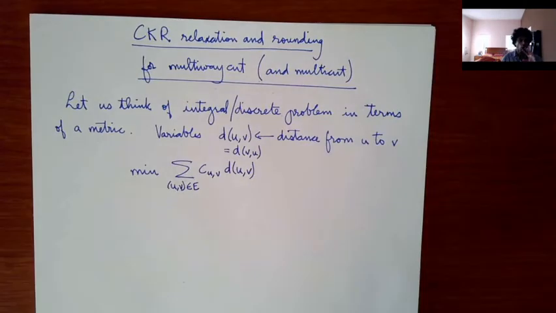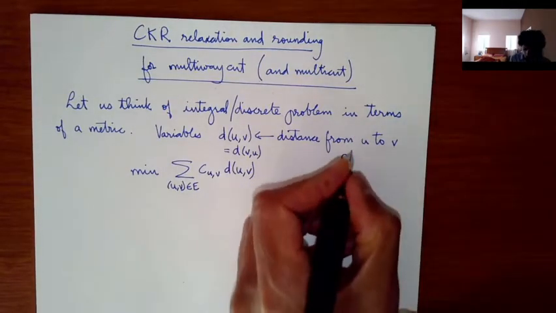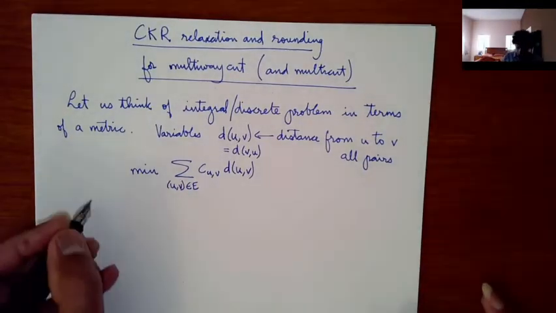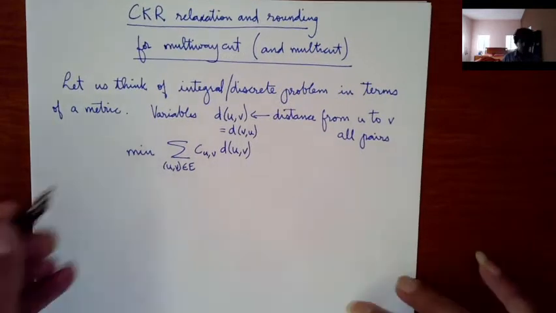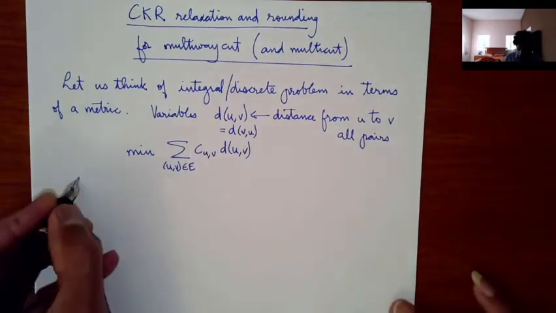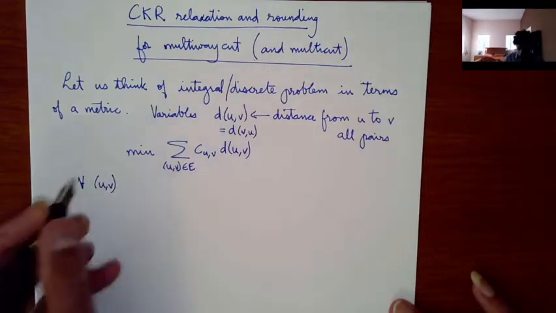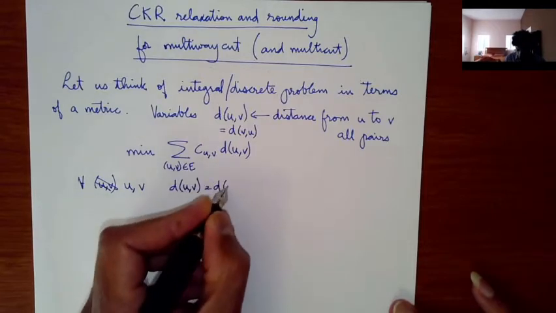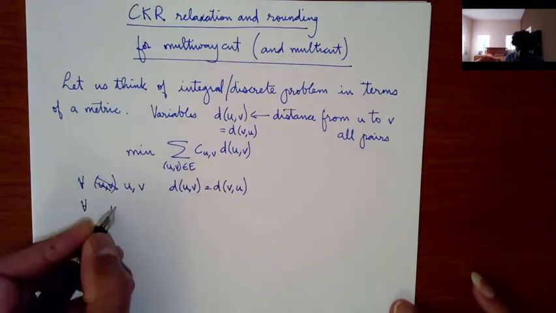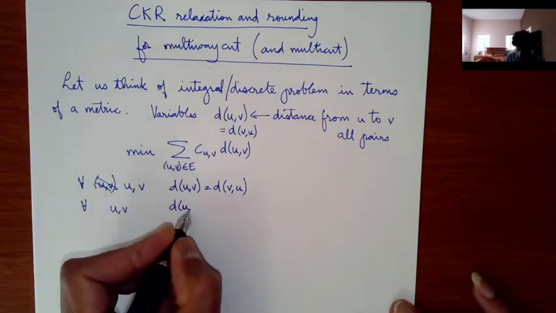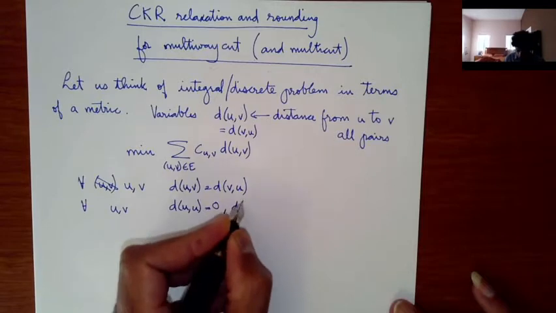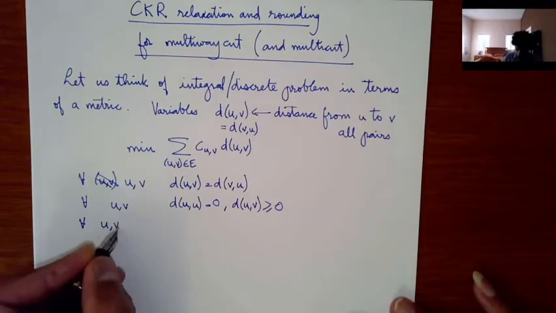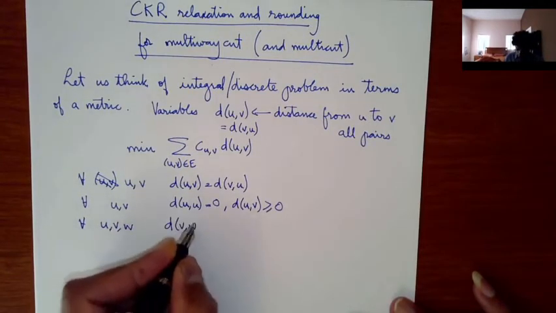Remember, the distance is for all pairs of vertices, not just for edges. So this distance we define for all pairs. And then what we can do is we can just write down the metric conditions. So for all u, v, the distance of uv is equal to the distance of vu. For all u, the distance of u to u is 0. The distance of u to v is greater than or equal to 0. And for all u, v, w, this is triangle inequality.